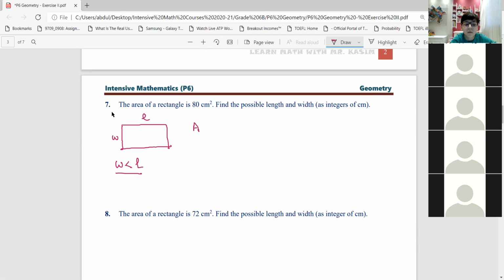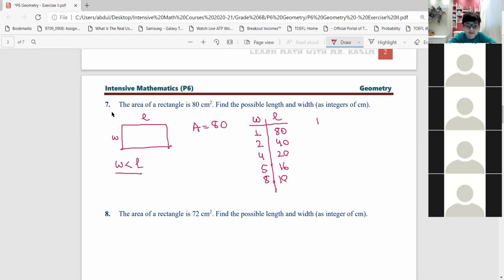So if the area is 80, what are the possible values? Let me just write here. W times L, right? W can be 1, and this one is 80, or 2, it is 40, or 4, it is 20, and 5, it is 16, and 8 and 10. If it is more than that, it will just repeat.